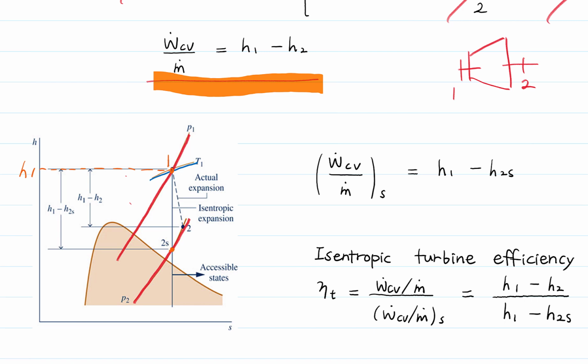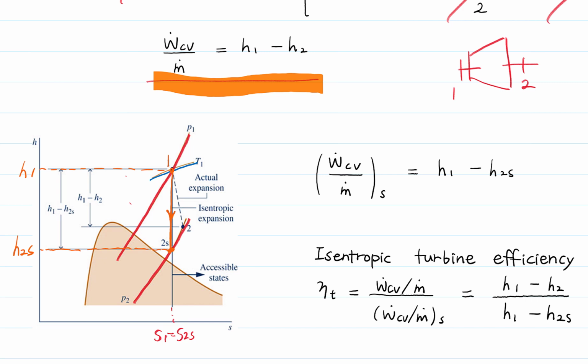So 2s is here. The isentropic process goes from state 1 to state 2s, going vertically straight down. So H2s is the enthalpy value at the exit for an isentropic process. It's an isentropic process, so S1 equals S2s.